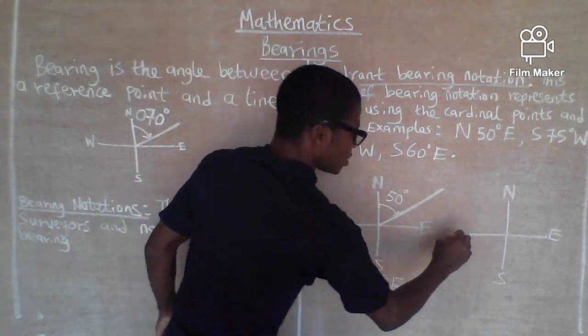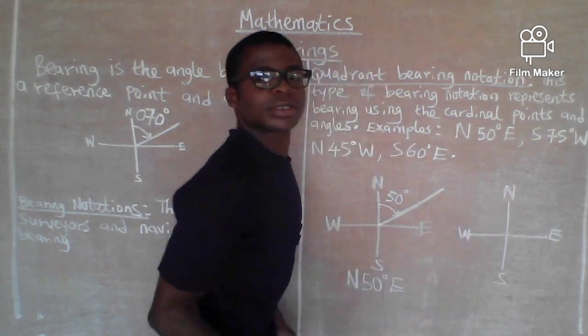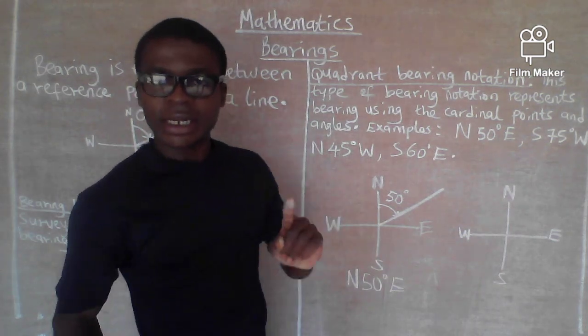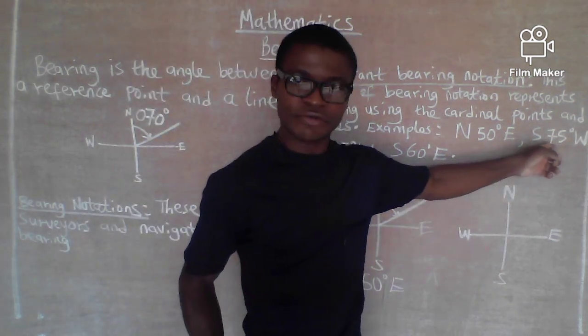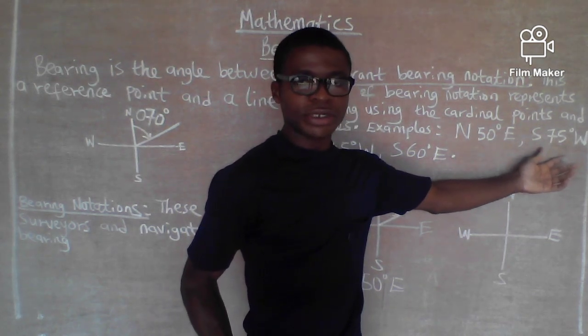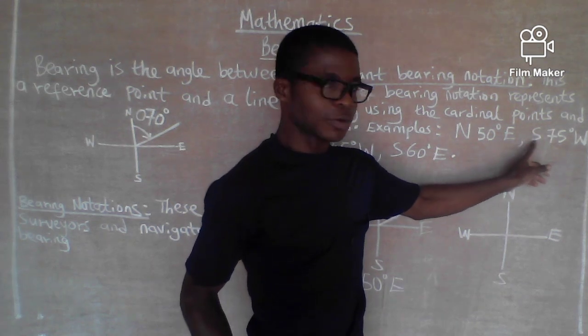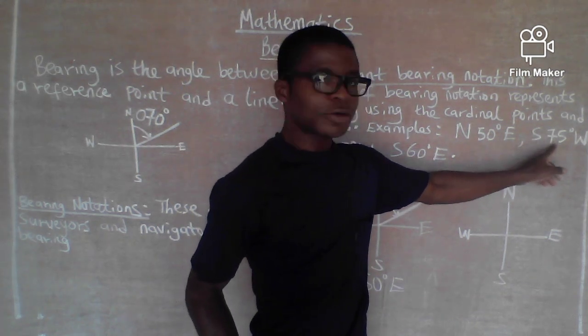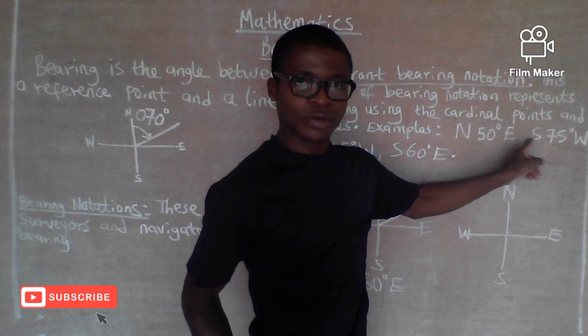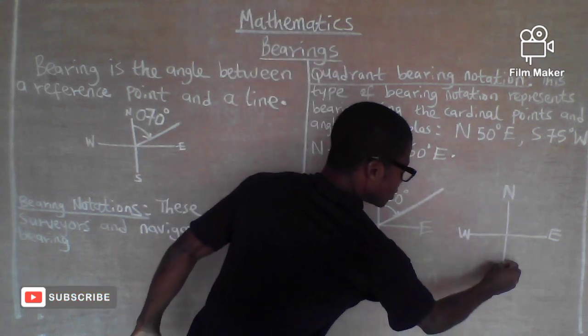At the left hand side is the cardinal point west. Next is to locate the reference point of the bearing. For this bearing, the reference point is the cardinal point south, which means this angle 75 degrees must start from the cardinal point south.